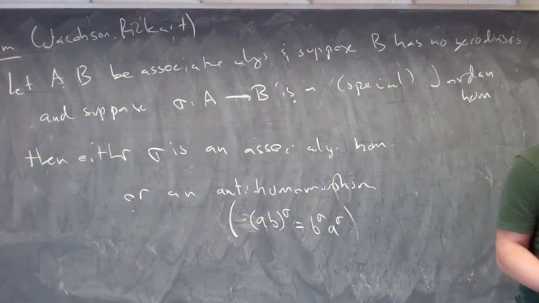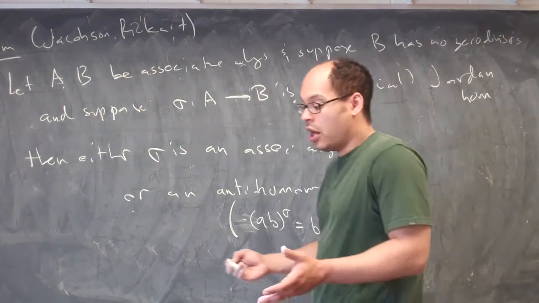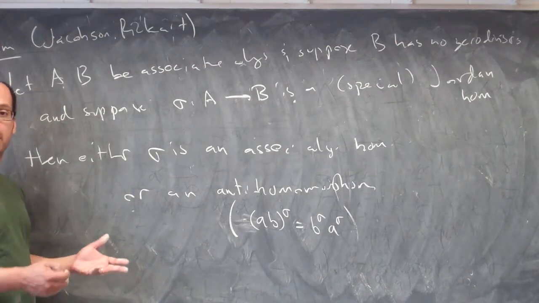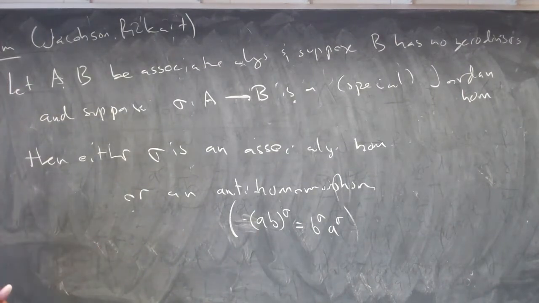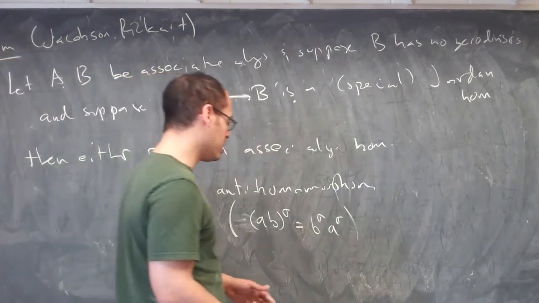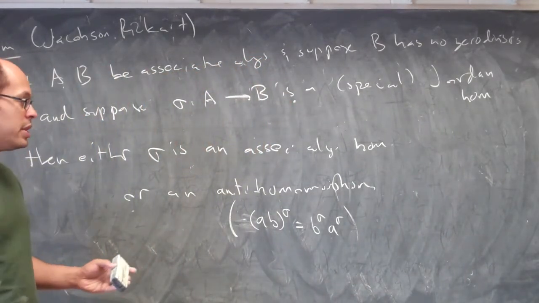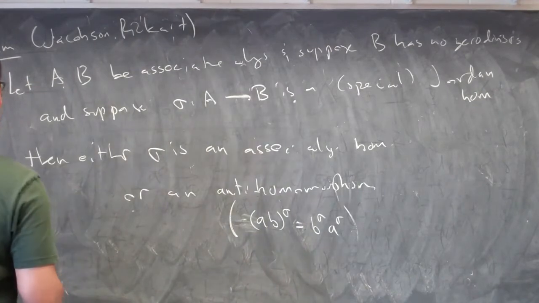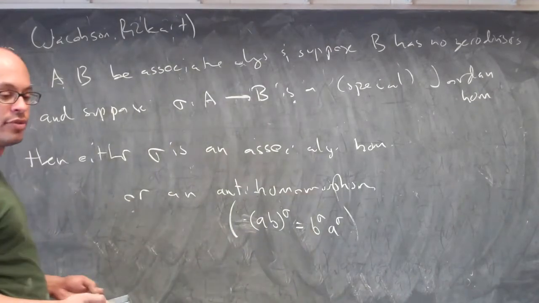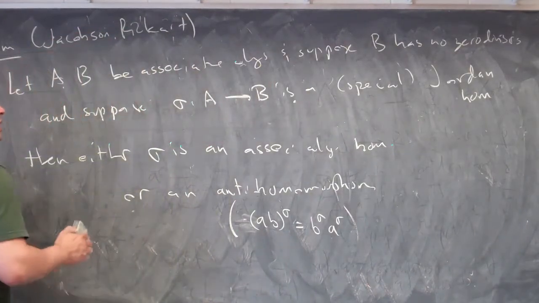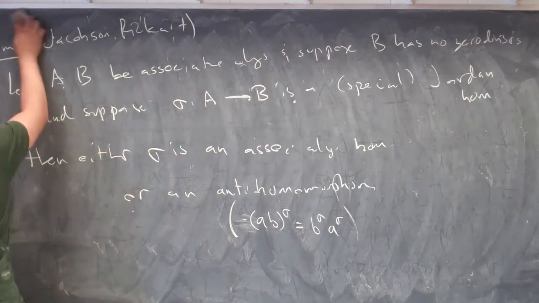You can't recover the original algebra structure, otherwise a Jordan homomorphism would have to be an actual homomorphism, but it's very close. The only thing that you're forgetting is the difference between AB and BA. Other than that, you've encoded the structure. Okay, so let's prove this, and I have to erase everything to give myself some room.